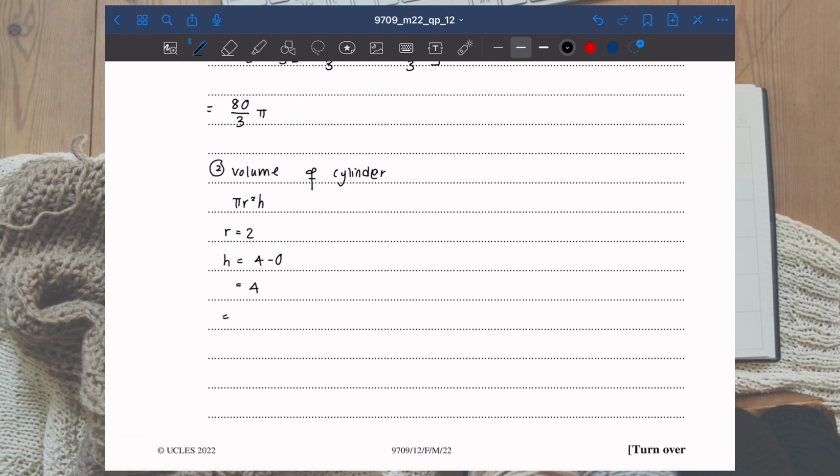So your volume will be π × 2² × 4, and you'll get 16π.